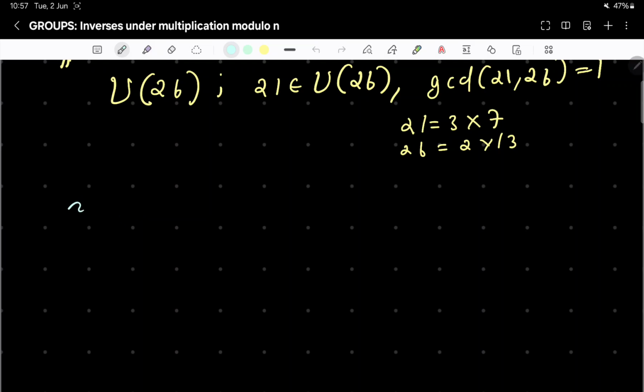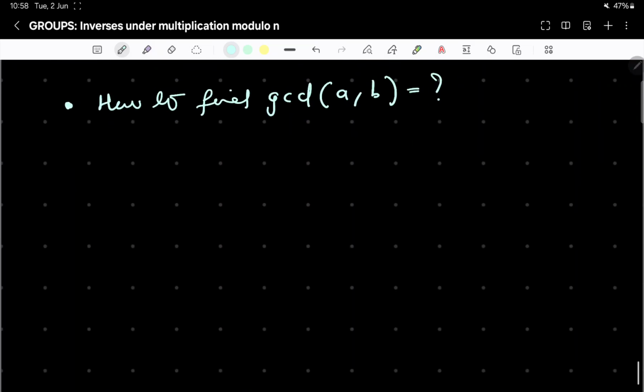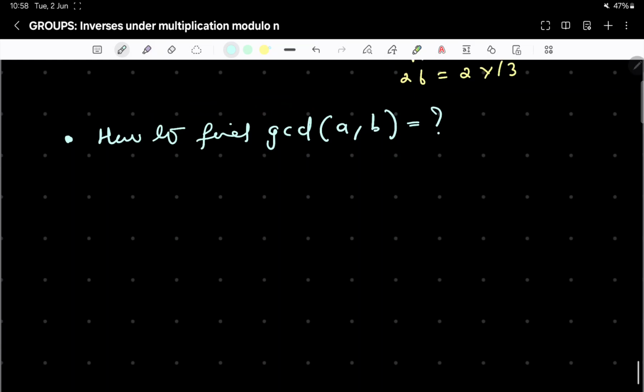So our first aim is how to find the GCD of A, B. Okay, how to find it? For that we need to go through one algorithm, which is the division algorithm.